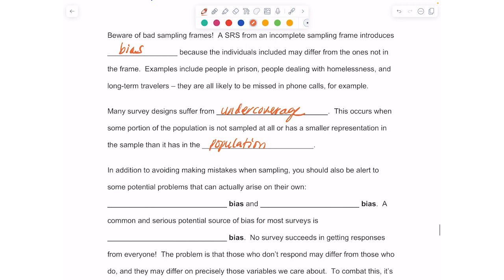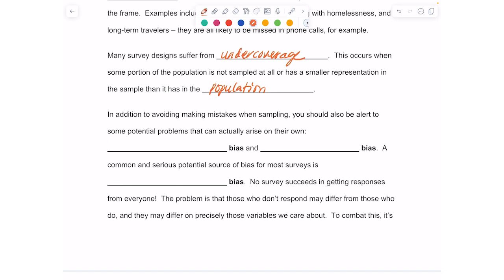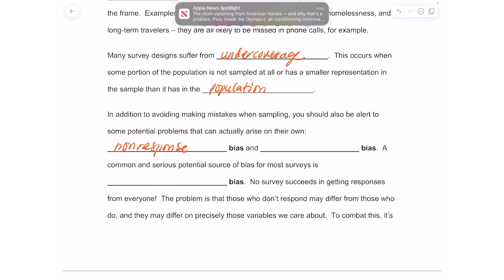In addition to avoiding making mistakes when sampling, you should also be alert to some potential problems that can arise on their own. We have what's called non-response bias, and we kind of talked about voluntary response bias, right? And this is slightly different. And response bias. You can probably figure out what both of them imply.